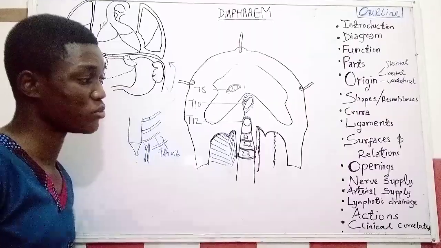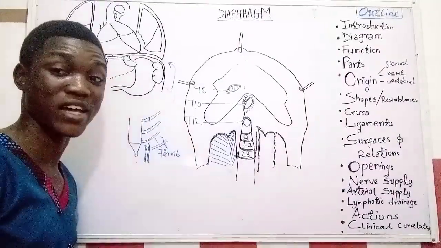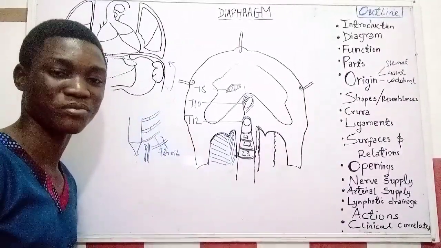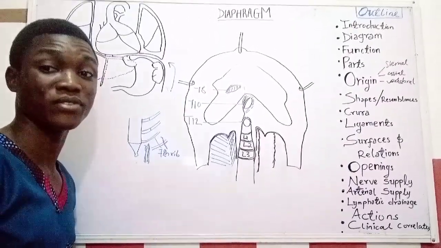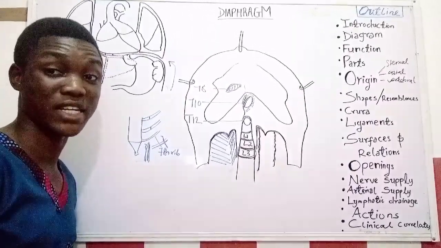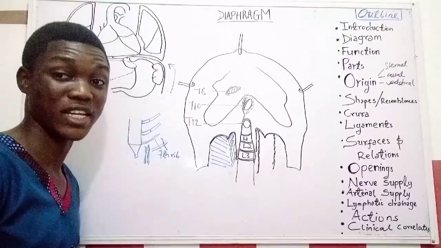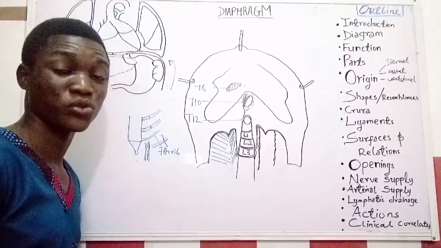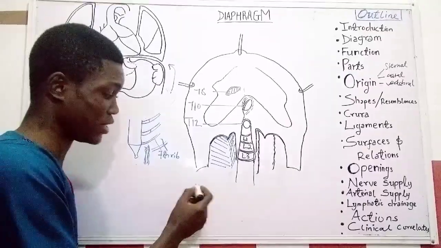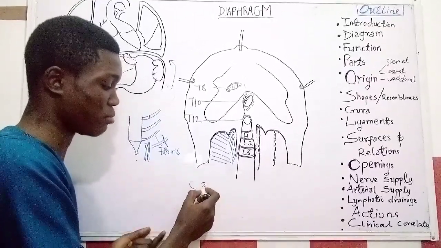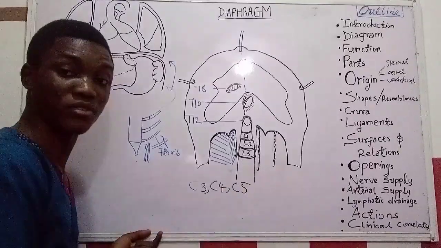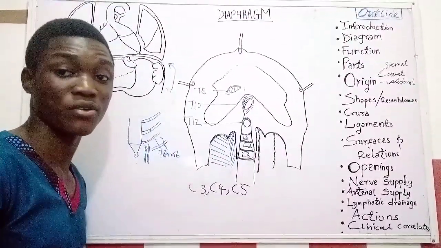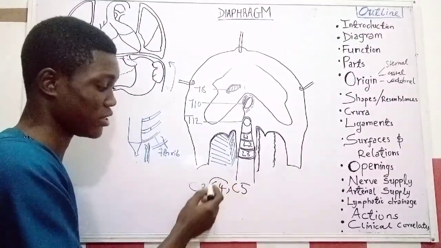So next, we'll be talking about the nerve supply to the diaphragm. The diaphragm is supplied by the phrenic nerve, the right and the left phrenic nerve. It is mainly supplied by C3, C4, and C5 root fibers, with the C4 predominating.